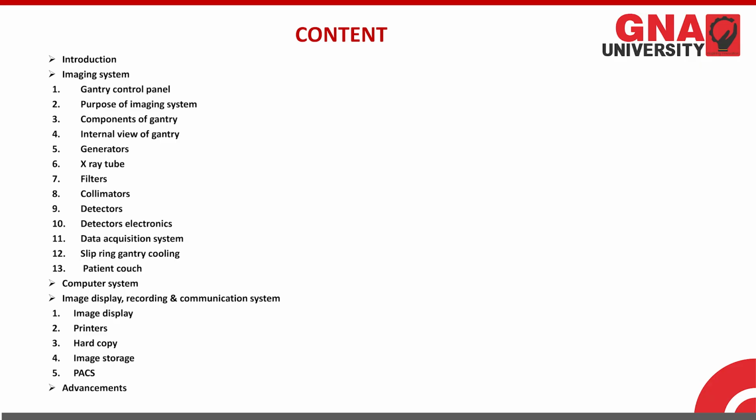Similarly, the next major division of CT instrumentation is the computer system. The third major division is image display, recording, and communication, in which we will discuss image display, printers, hard copies, image storage, PACS, and some of the advancements.